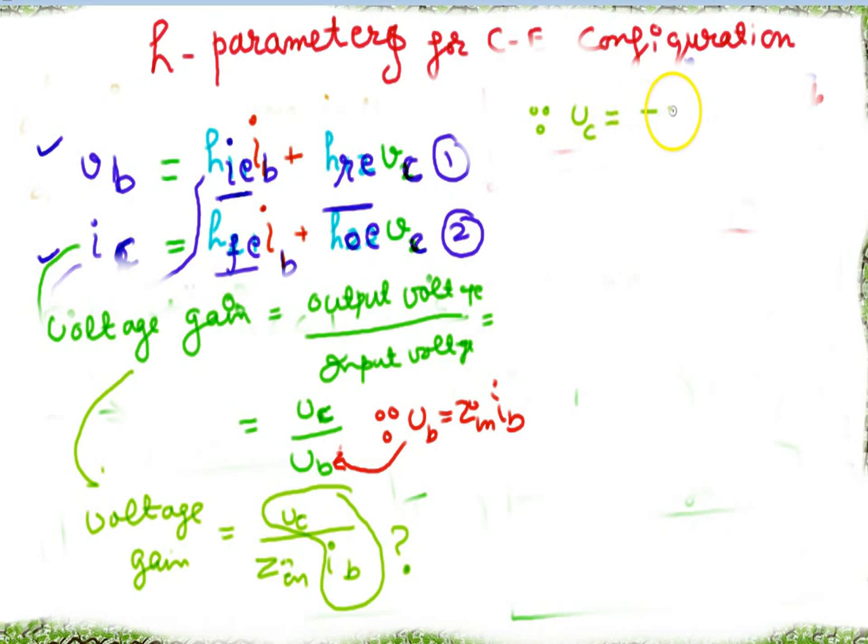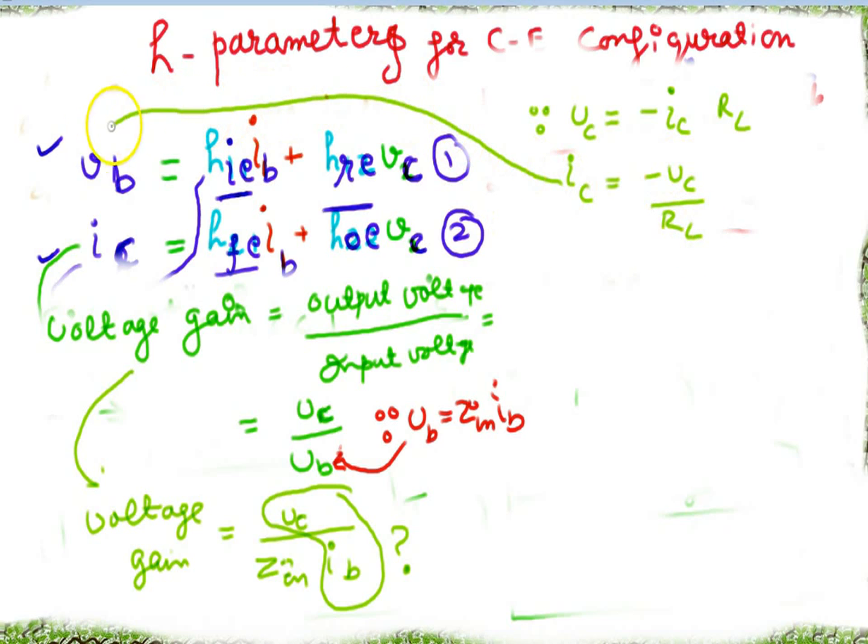Now we know the collector voltage develops across RL when IC passes. So calculating IC and substituting in equation 2, the equation becomes this. And from this equation we find VC over IB.